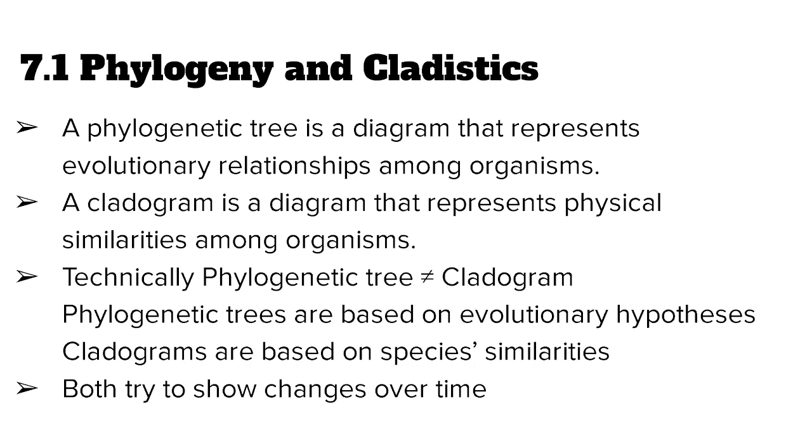So we're going to be mainly studying cladograms, but you might hear them called phylogenetic trees sometimes. It's okay to use those interchangeably for all intents and purposes. However, I do want you to know that they are technically different. Both are trying to show the change in an organism over time. They just approach it from different methods. So remember, phylogenetic trees, evolutionary hypotheses. Cladograms, just looking at a species' similarities.